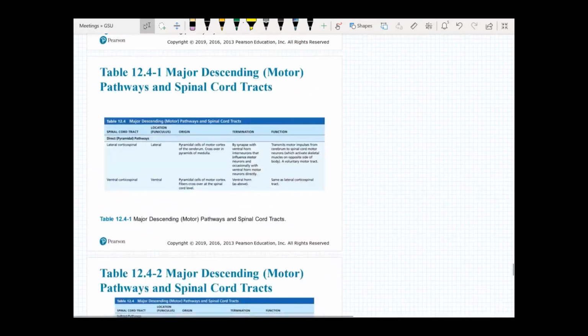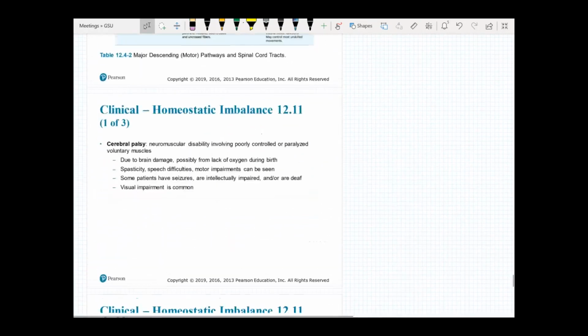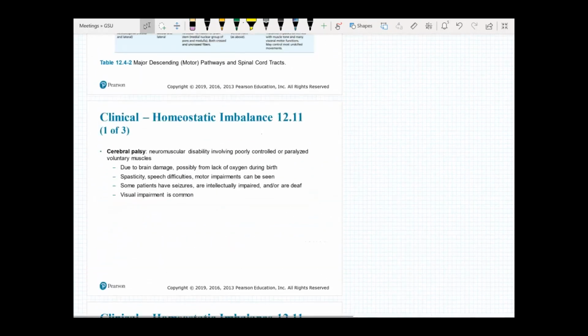So those are the major ones that I want you to know when you're focusing on the motor pathways and the ascending sensory pathways. But there's a couple other things that can go wrong with these pathways as a whole, not just the spinal cord, but these pathways. So the first one is cerebral palsy, which is a neuromuscular disability, and it is specifically related to voluntary muscle movement.